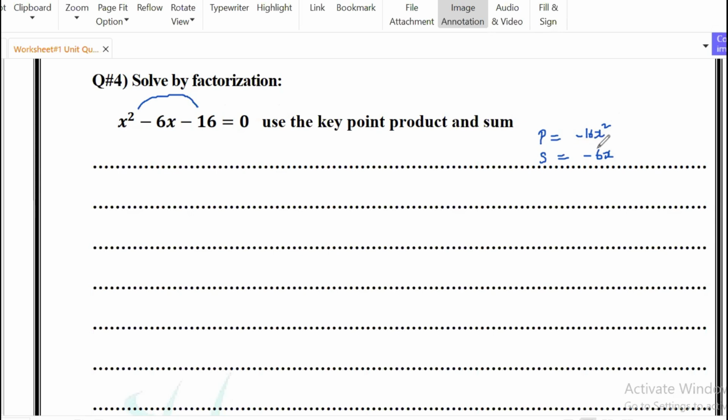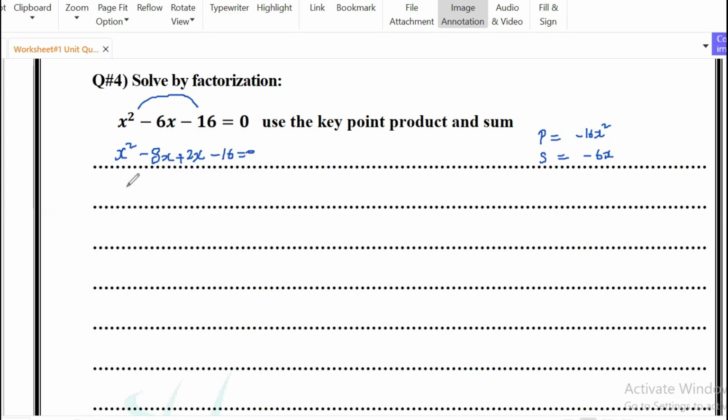Among all these factors, 8 and 2 will work for us, like 8 2s are 16 and 8 minus 2 is 6. That means x square minus 8x plus 2x, and if you multiply it becomes 16 as well, minus 16. So minus 16 is equal to 0.